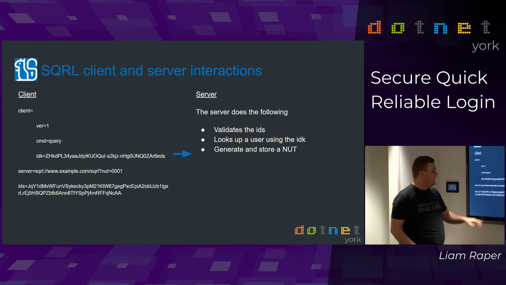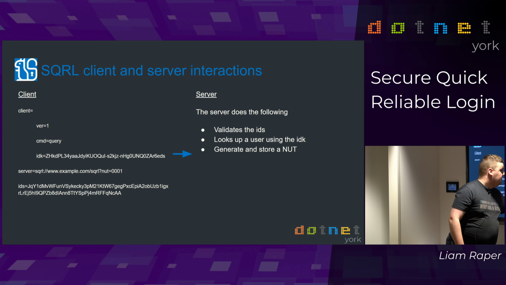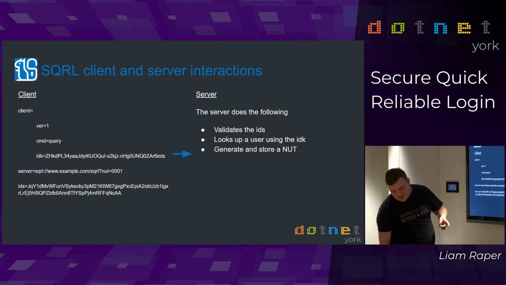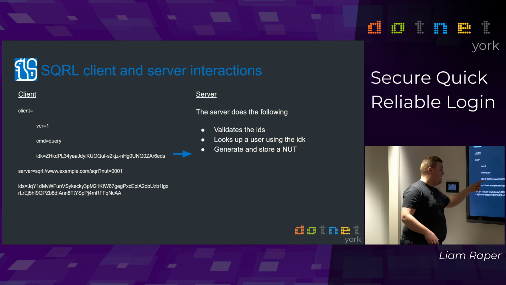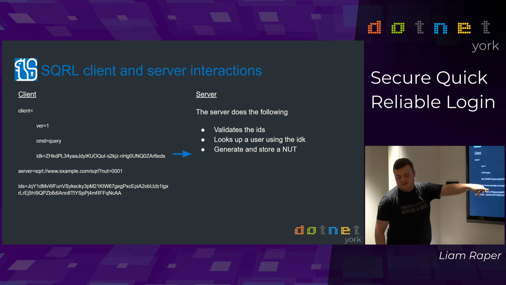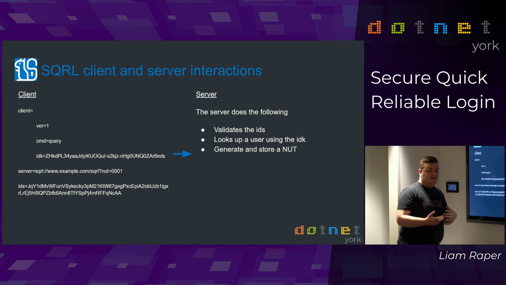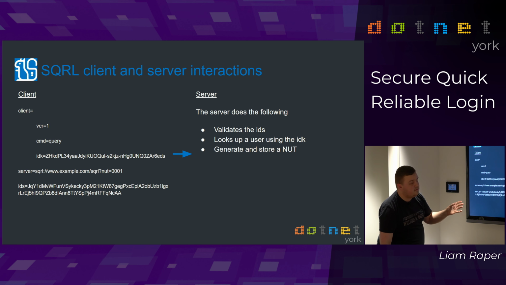And if you do, then good. Then you can generate a new nut, because this was only a query, so we're seeing if this IDK exists in the user database. So at that point, we can respond with a TIF that says ID match, maybe IP match if you're doing the same device login.